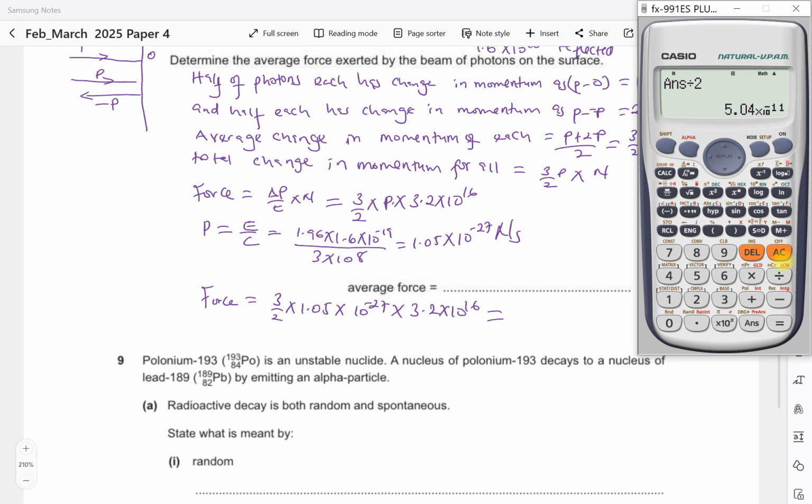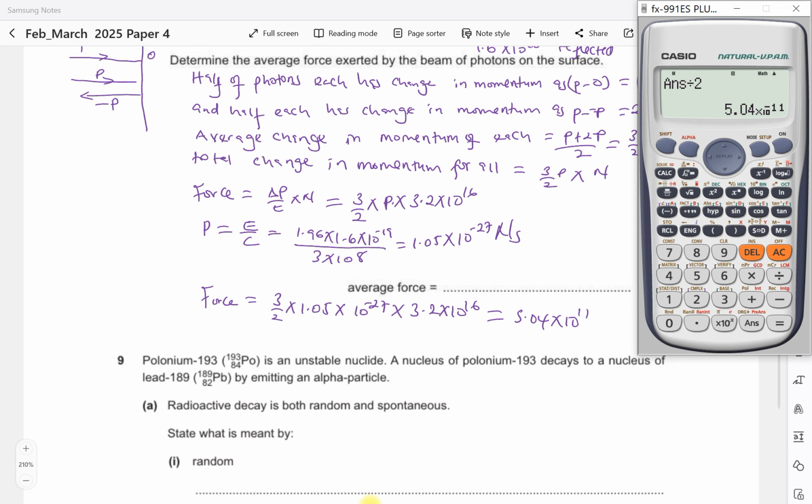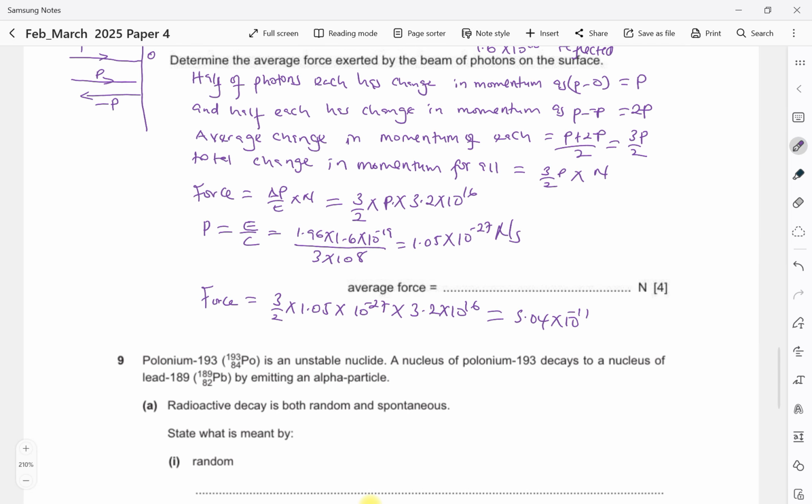So I'm getting 5.04 times 10 to the power of minus 11, or 5.0 times 10 to the power of minus 11 newtons. That is method 1.